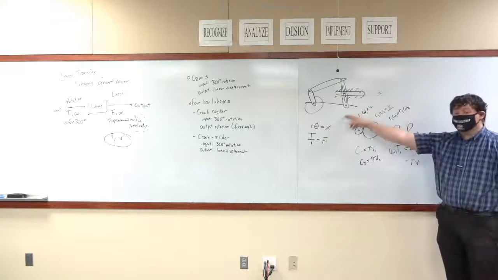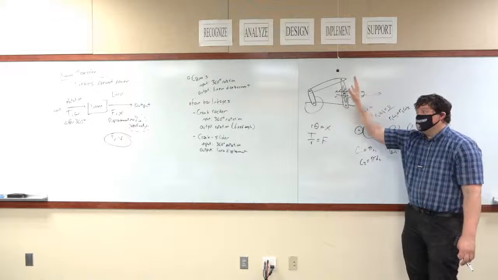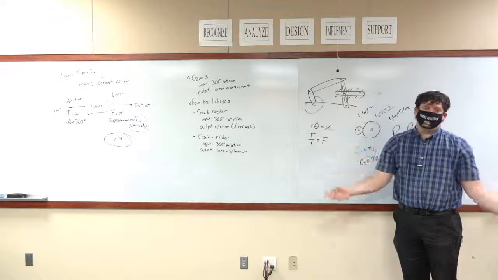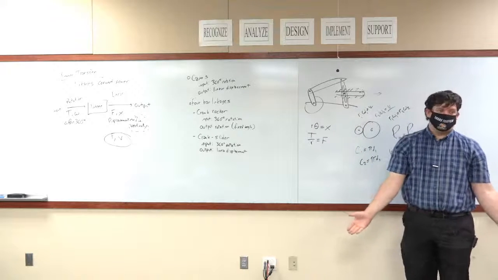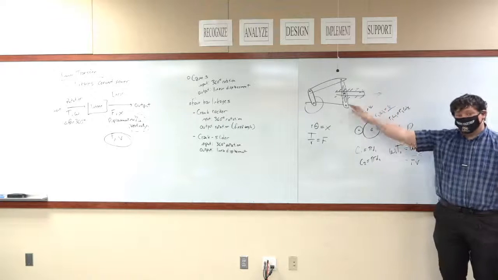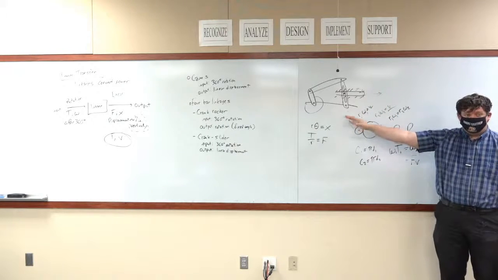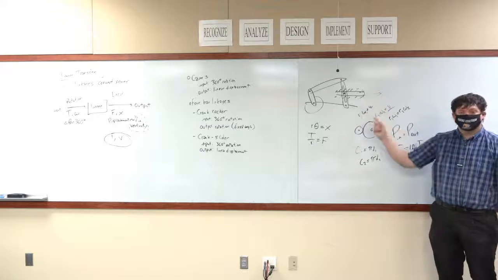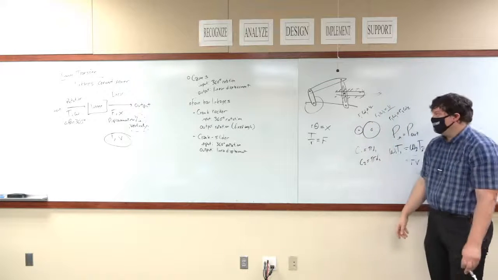Your 4-bar linkage can be merely one mechanism inside of your overall linkage. And it should be. If you choose to use a crank rocker system, this should be only a part of what you do. You'll have to have something else that turns this into a linear output. Okay?